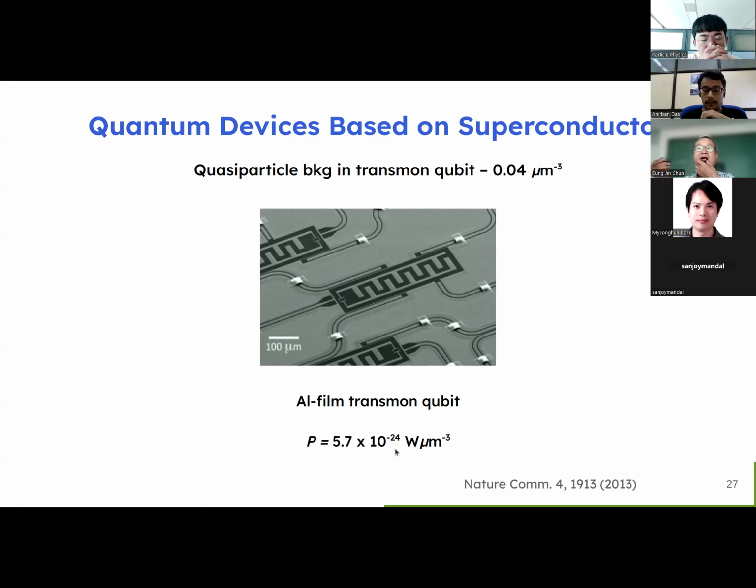What would be the background in this case, or the quasi-particle background? So, sure. In this particular experiment, they do not do their experiments in any underground lab. So typically it would be in some university lab, without any substantial amount of shielding.